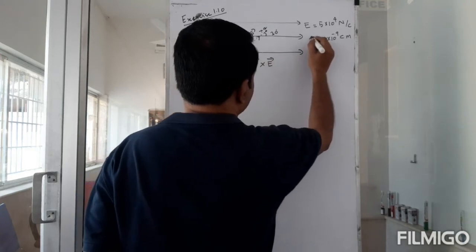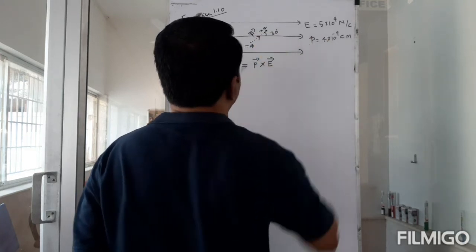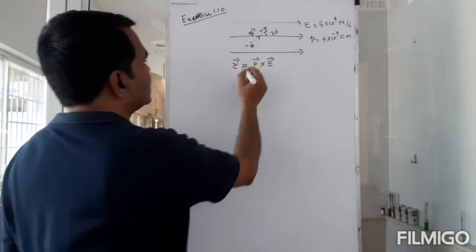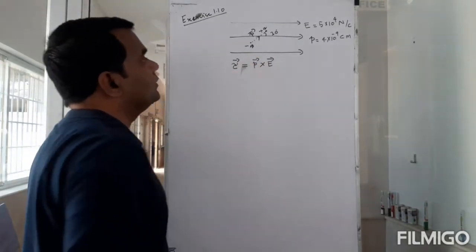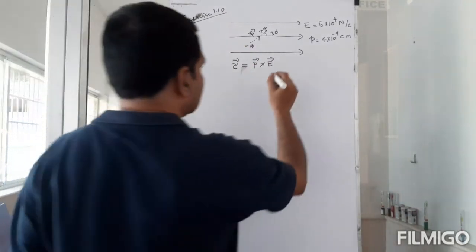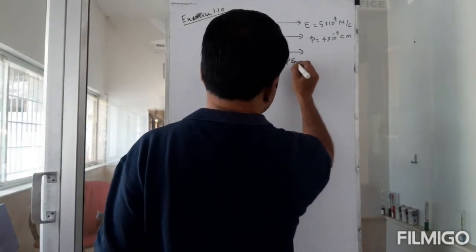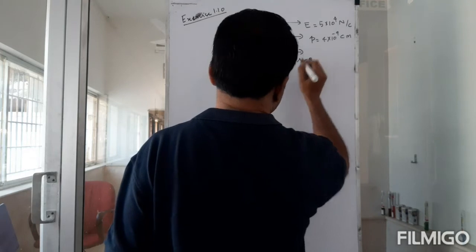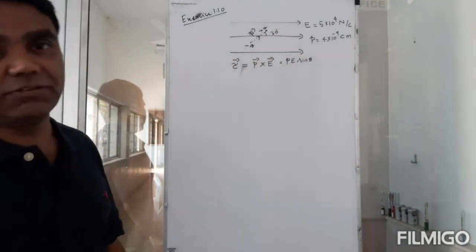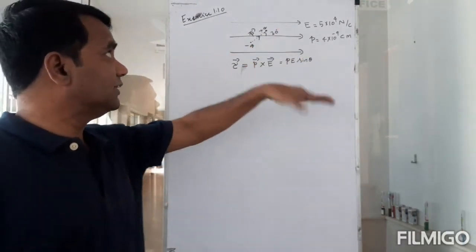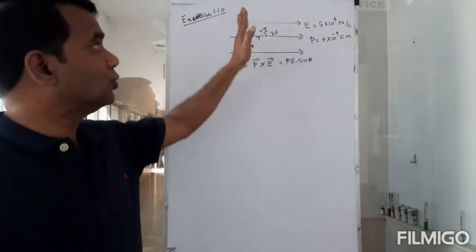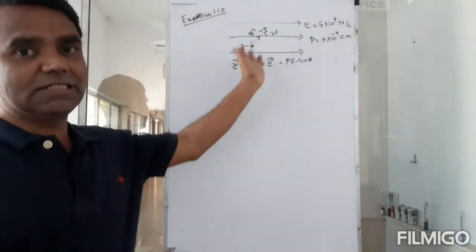Right? Okay. P cross E. Small p cross E now. Which is equal to P E sine theta. That's the magnitude. And then you are going to get a direction for it. I mean, it depends on which direction E is and which direction P is. I've chosen this to be like this, so I can assign a direction to it.